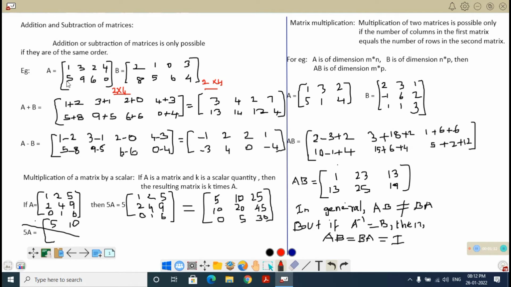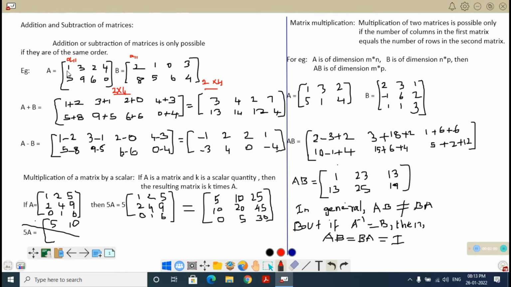So how are we going to add these two matrices? Very simple. We are just adding the corresponding elements of them. That means if we are adding A and B, the first row first element of A matrix must be added to the first row first element of the B matrix. Simple. So the corresponding elements of the particular matrices must be added.